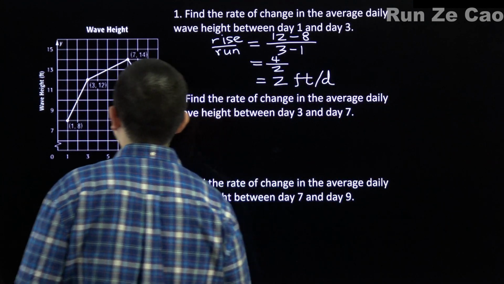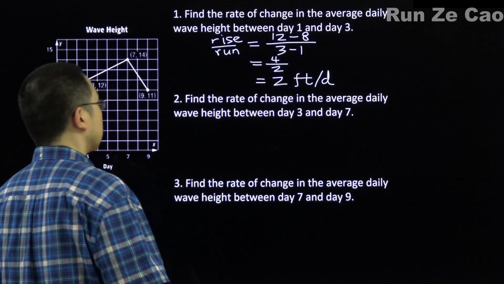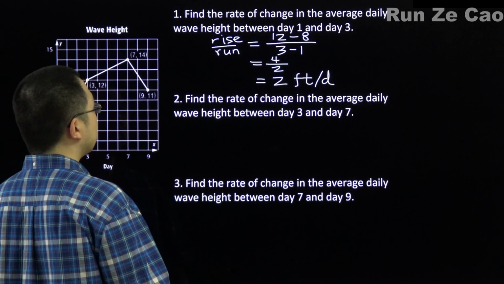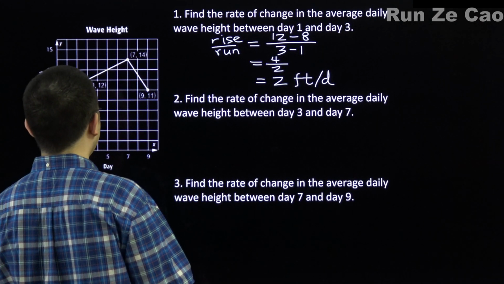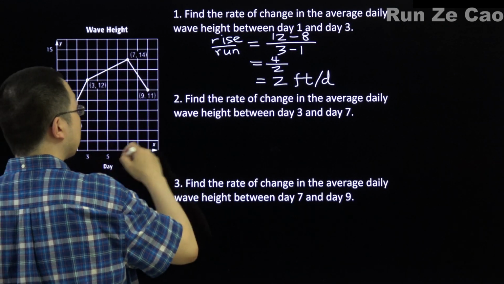With more measurements, perhaps the data would be more curved, a smoother curve. So find the rate of change in the average daily wave height between days 3 and 7. Day 3 and day 7.